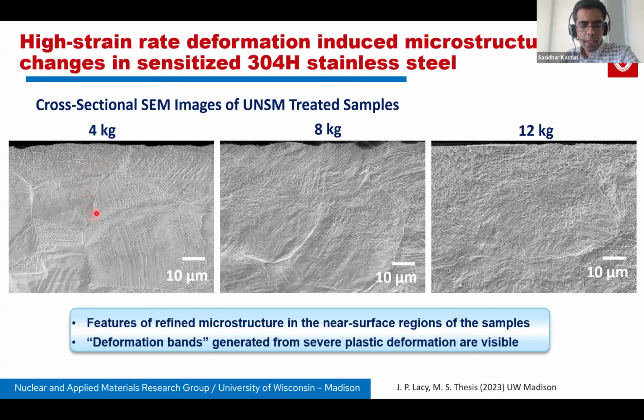So first of all, you can see a lot of deformation-related features. You can see, to an extent, grain refinement. And in the deeper regions, you can see some kind of deformation bands. And the density of all these features increases if you increase the load. So what exactly these deformation bands are composed of, we'll come to in a moment.